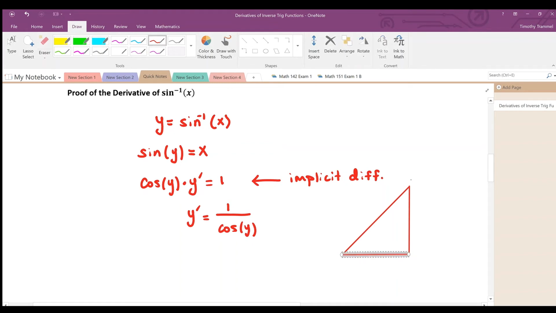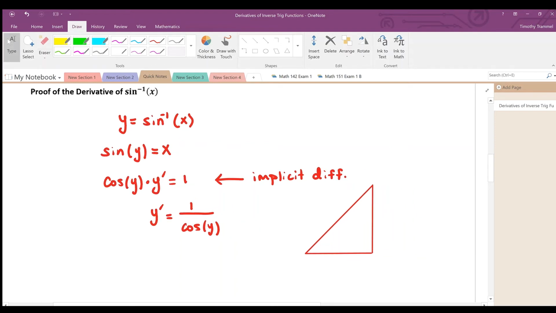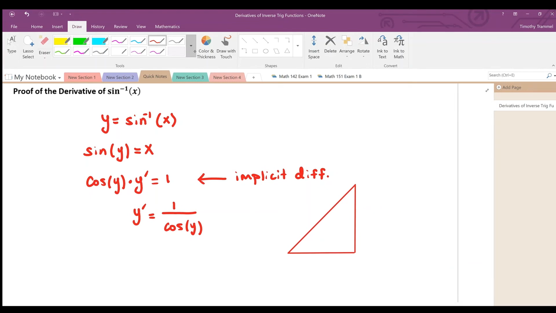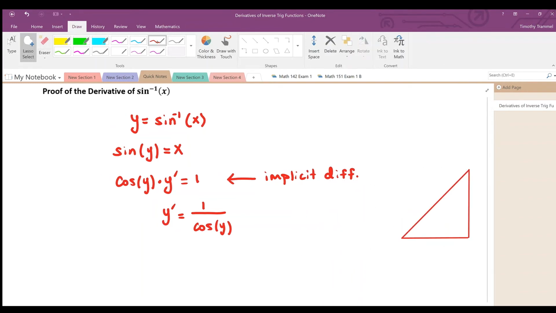So what we're about to do is base a triangle on the fact that sine of y equals x. I'm going to scoot it over a little bit so we don't mix it up with our work. I just want us to be thinking about sine of y equals x.